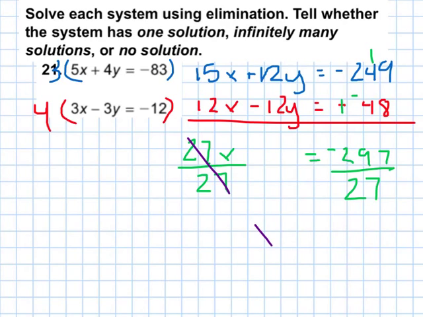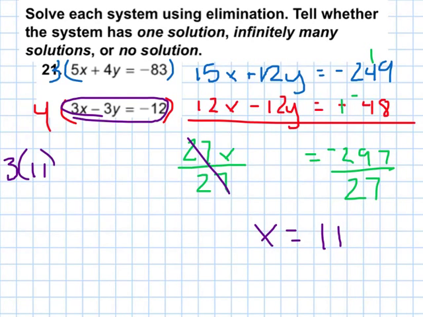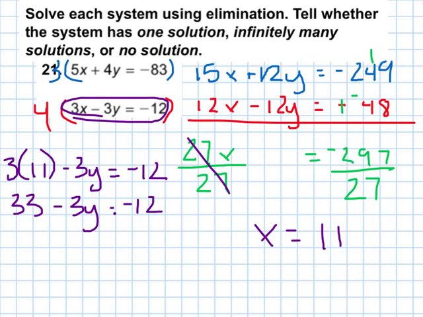And x equals 11. So now to find our y, we'll plug it in. I'll take this equation here. 3 times 11 minus 3y equals negative 12. 3 times 11 is 33 minus 3y equals negative 12.